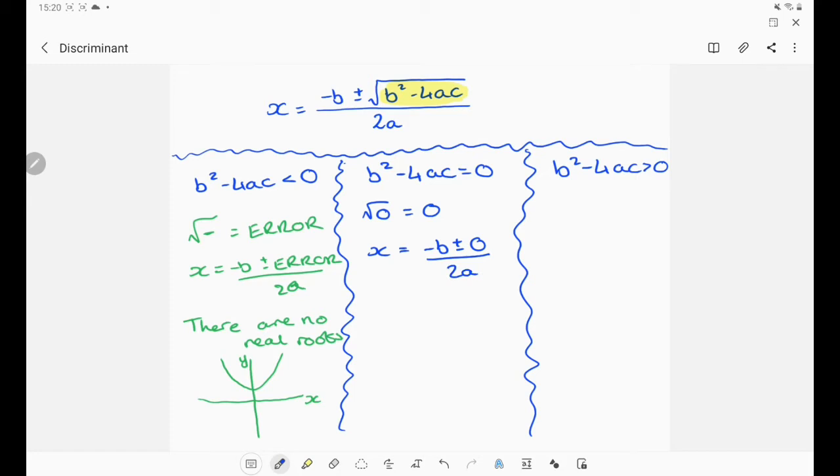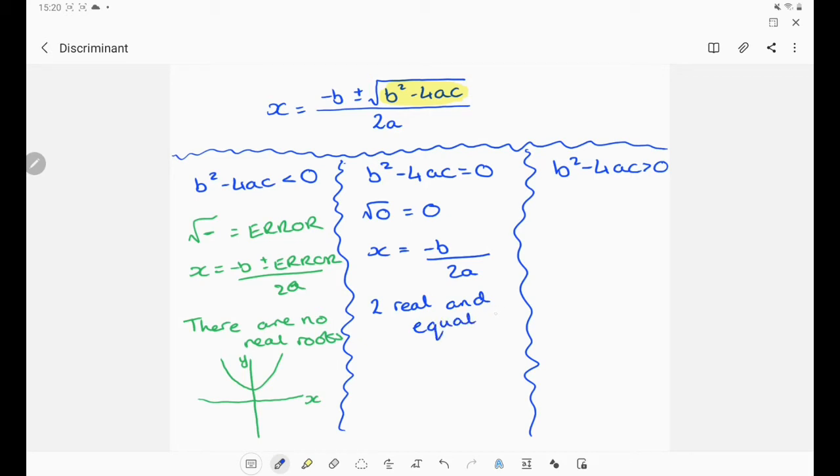If you're adding or subtracting 0, that is essentially going to disappear, isn't it? And that leaves us with the fact that we always have two solutions here. We have two real, because they exist, and equal roots.